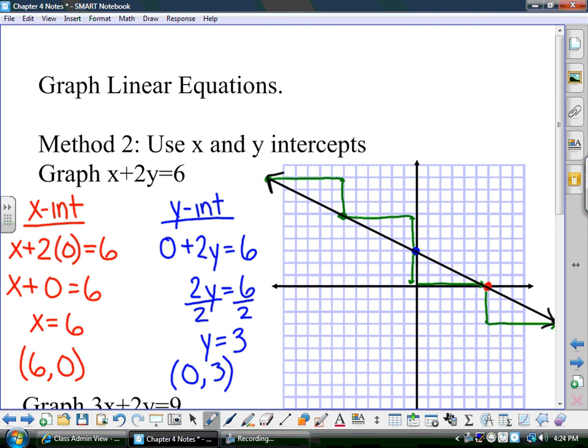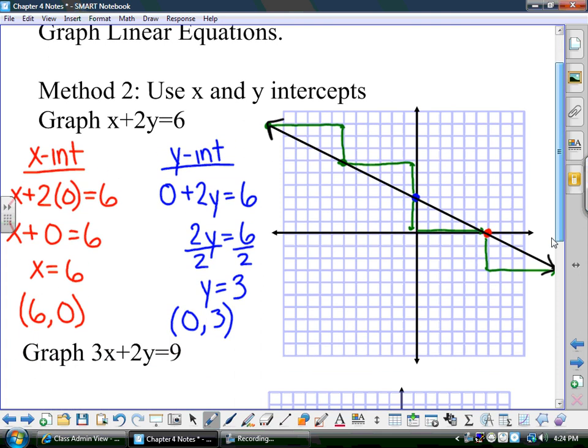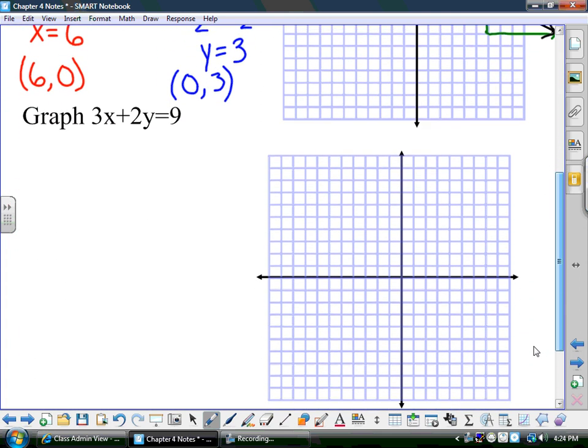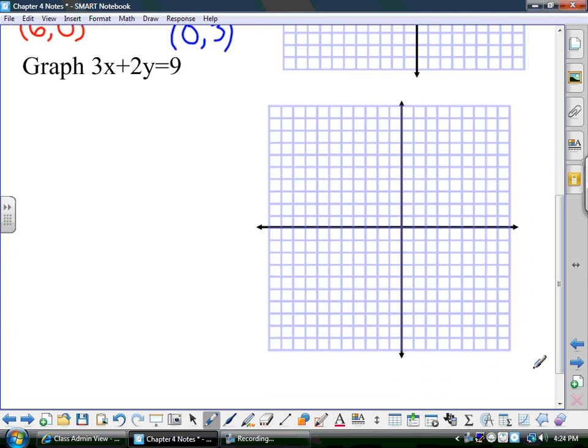In this case, the x and the y-intercept were both very nice numbers. On this next example, they're not both going to be nice numbers, but let's try it anyway. To find the x-intercept, I need to put 0 in for y. So I'm going to have 3x plus 2 times 0 equals 9. 2 times 0 is just 0.